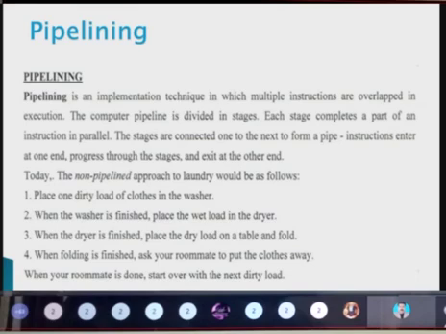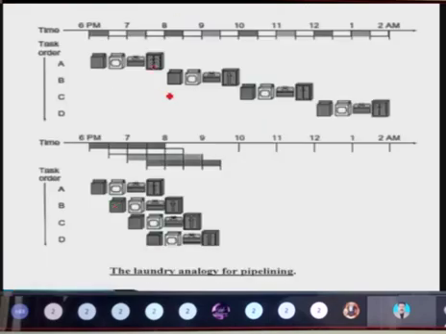When folding is finished, I give all those clothes to the respective roommates. When your roommate is done, start over with the next dirty clothes. So we are going sequentially, one after another. But what happens now is that time gets wasted. See here, with the diagram I have mentioned.